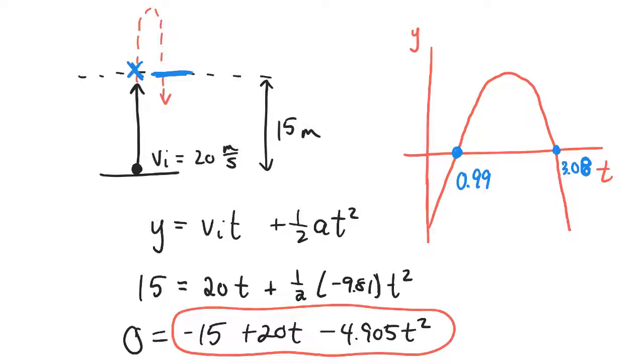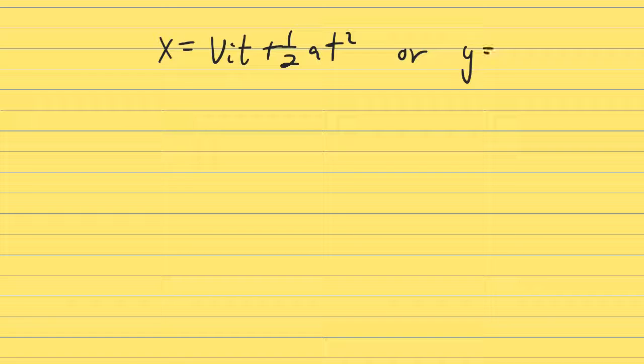All right, so let's look at an example of a problem now. First of all, let's write our formulas down on the next slide. I listed our formulas there for this chapter. We have x equals v_i t plus 1/2 a t squared, or, as we recall, we can also just write y equals the same formula.